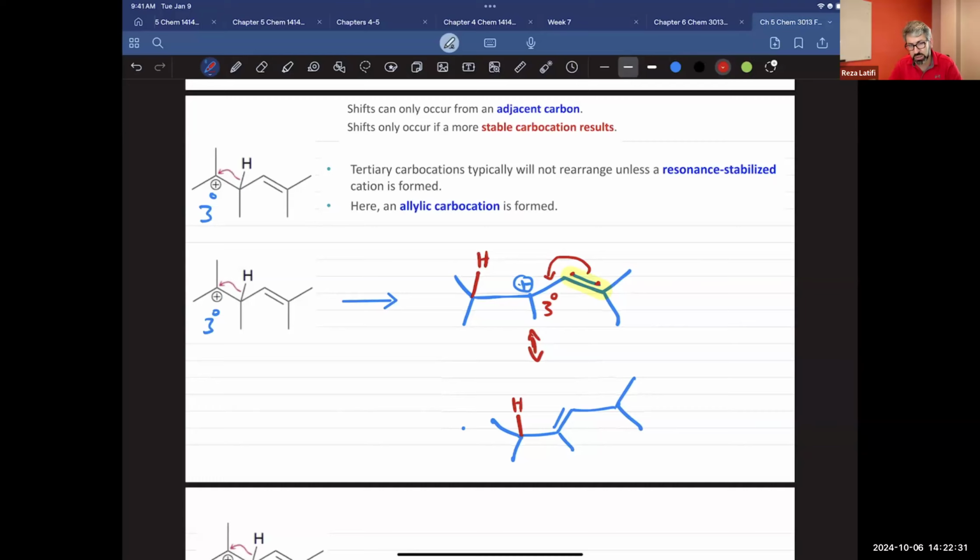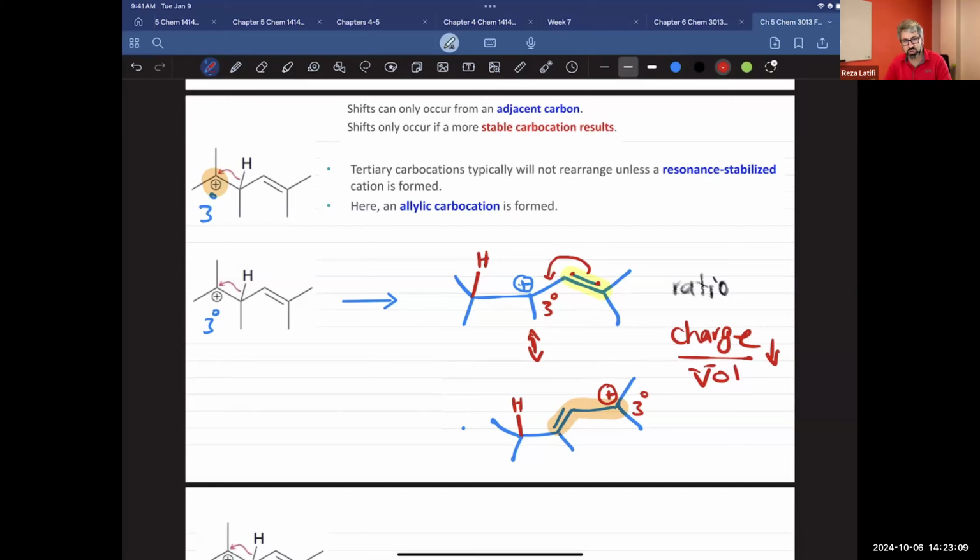Now, what did we get? We got a positive charge here. Still, this one is tertiary. But I have to say this: the positive charge is now distributed over 3 carbons instead of just 1 carbon. Through resonance, we managed to distribute the charge over a bigger area. Anything that drives down the ratio of charge to volume will make the system happier and more stable.